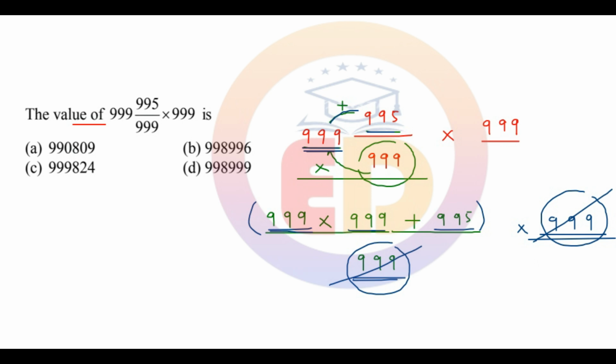Multiplied by 999 and denominator also, both will be cancelled out. I am only left with 999 multiplied by 999 plus 995. Solving this question is very simple. Use the units digit method.